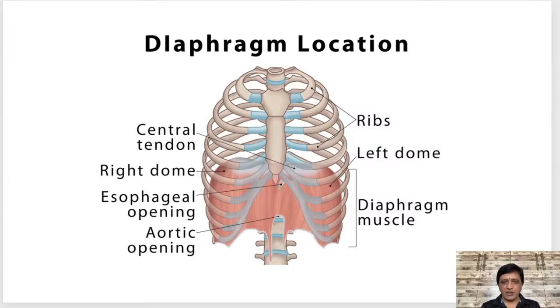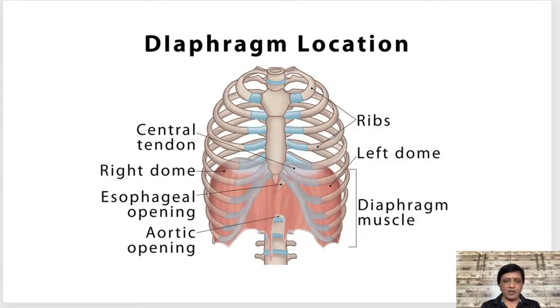So this is the muscle which runs from the level of the nipples to the level of the navel. So this is a very important muscle, and the action of this is very crucial: how well you can move your diaphragm.